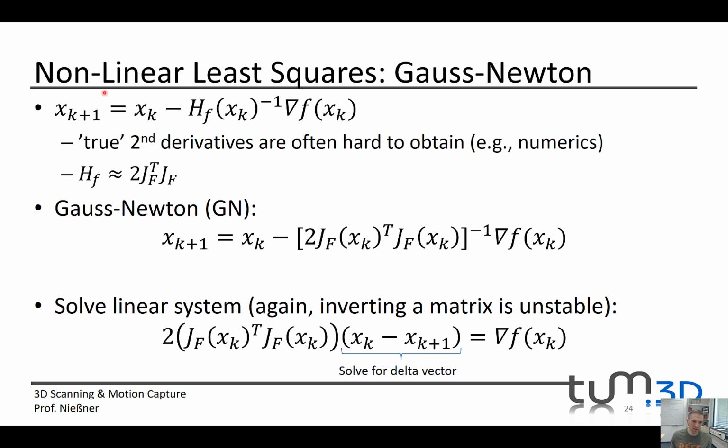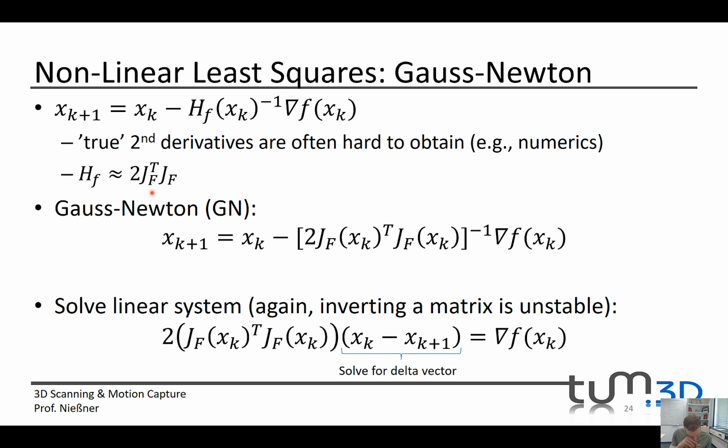So what's the difference there? Well, this is Newton's method, where we take the Hessian inverse times the gradient. What we're doing instead is saying, well, the true second order derivatives are often hard to obtain due to numerics, computational effort, and stuff like this, so we can go ahead and approximate the Hessian with 2 times JTJ. All right?